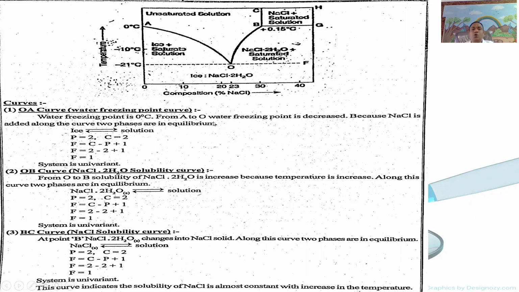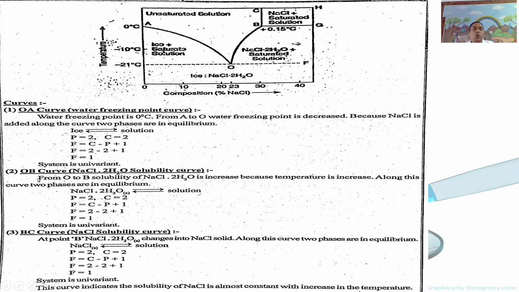From A to O, the water freezing point is decreased because sodium chloride is added along the curve. Two phases are in equilibrium, that is ice and solution, where P equals 2, C equals 2, F equals C minus P plus 1, whereas F equals 2 minus 2 plus 1, F equals 1. Therefore, the system is univariant.